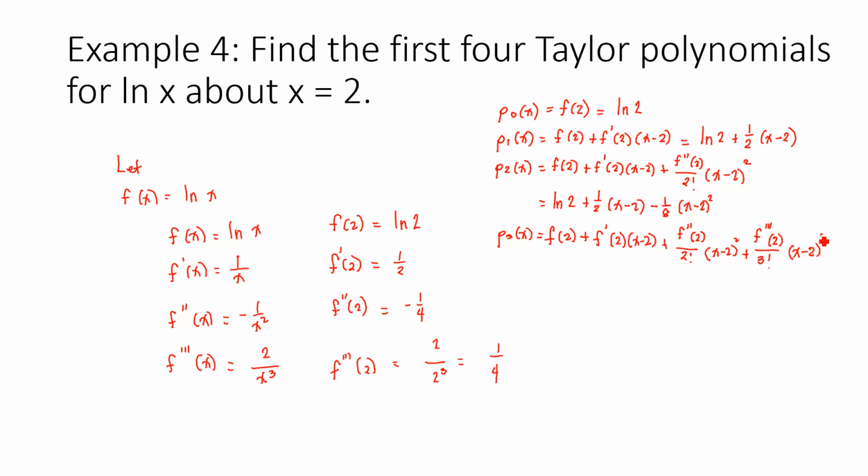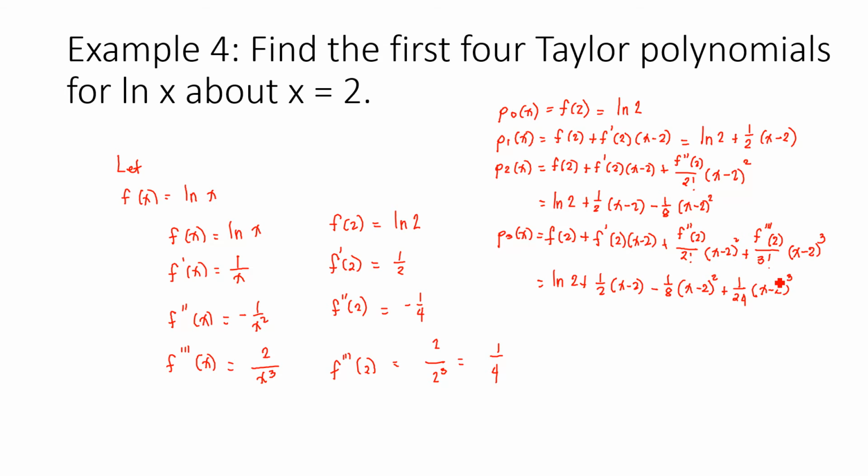Which is equal to the natural logarithm of 2 plus 1/2 of the quantity x minus 2 minus 1/8 of the squared quantity of x minus 2 plus 1 over 24 of the cubed quantity of x minus 2.